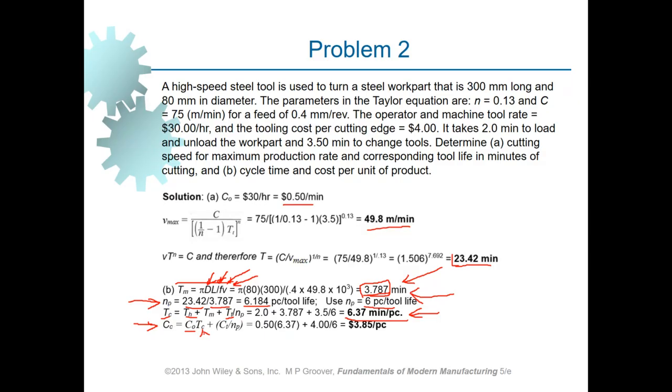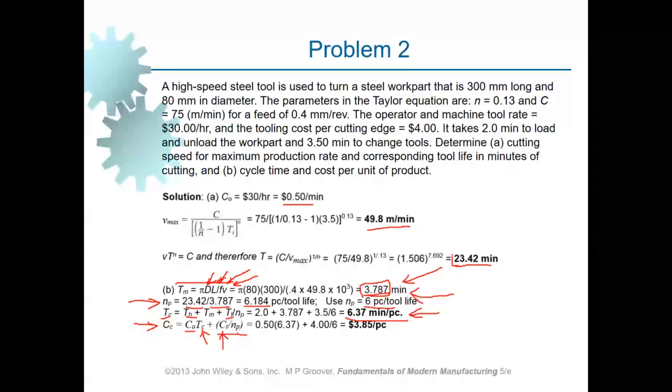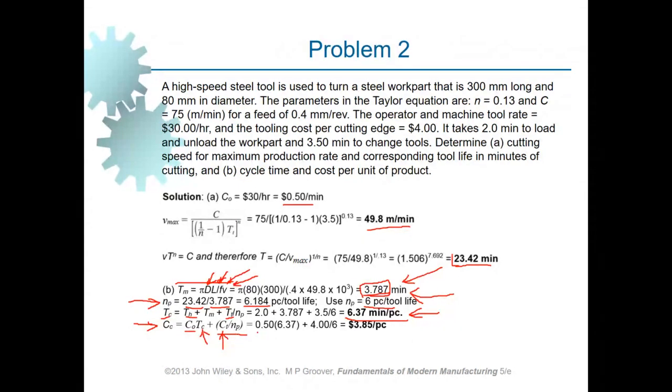So it takes into consideration all the times when the operator is getting paid, including machining time, tool changing time, and loading and unloading time. All are included in this, plus the cost of the cutting tool. The cost of the cutting tool is this much. It has to be divided by the number of parts that are produced, and this is already computed. So we have got this at hand. So we can easily compute the cost of producing 1 unit of the workpiece material. That comes to $3.85 per piece. And that's what we needed to compute in this problem. Okay, any questions on this?